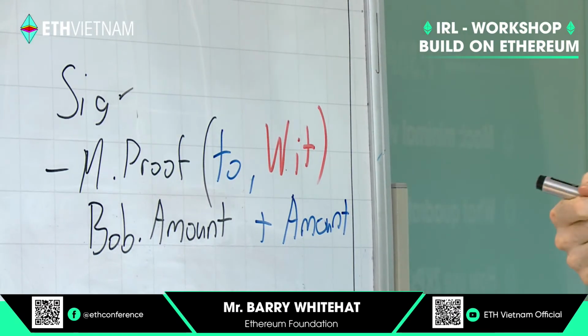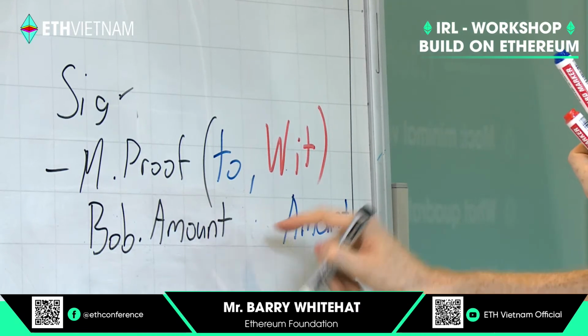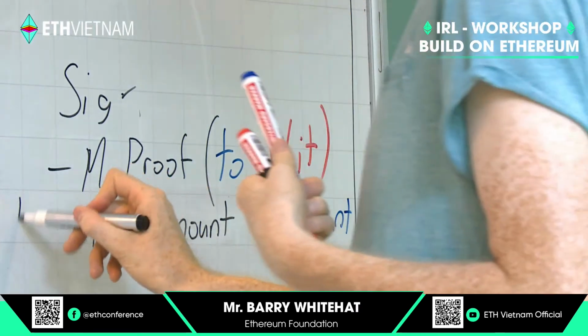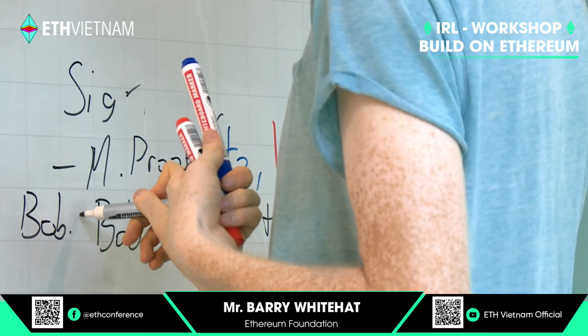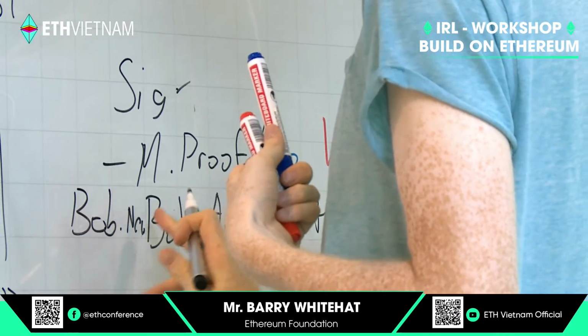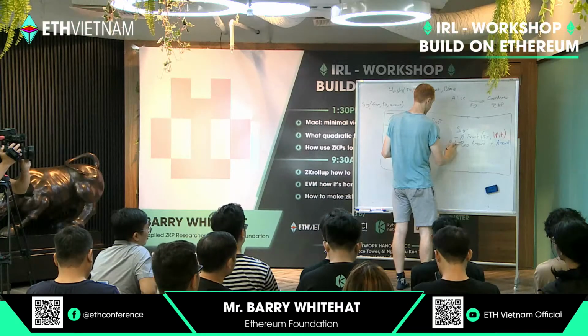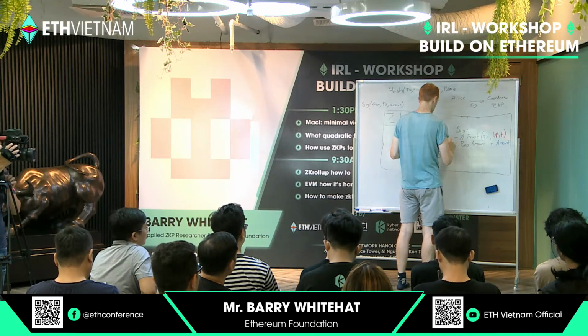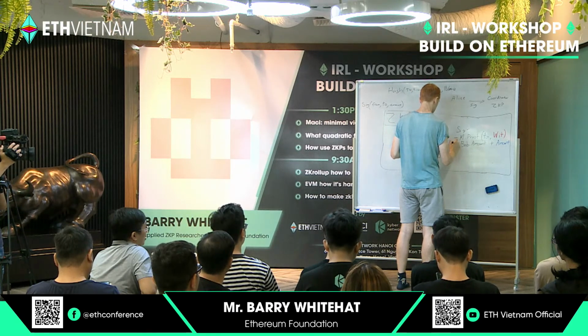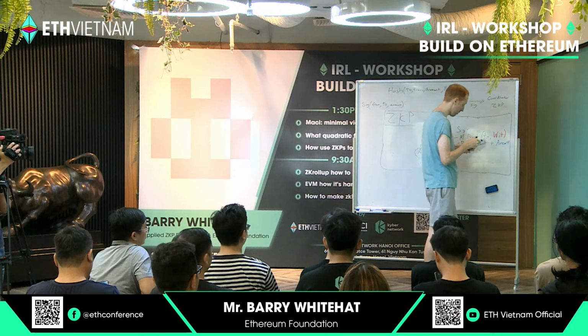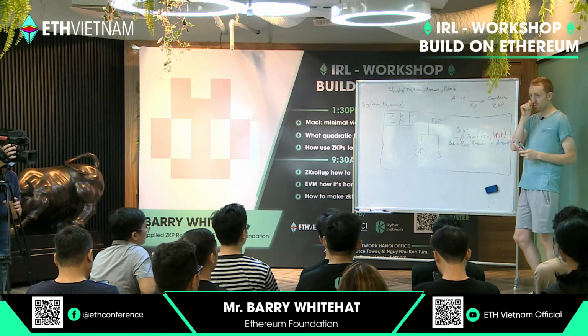Perfect. Okay. So now we've calculated Bob's new leaf. So let's just call this Bob underscore. Okay, so now we've calculated Bob's new leaf.